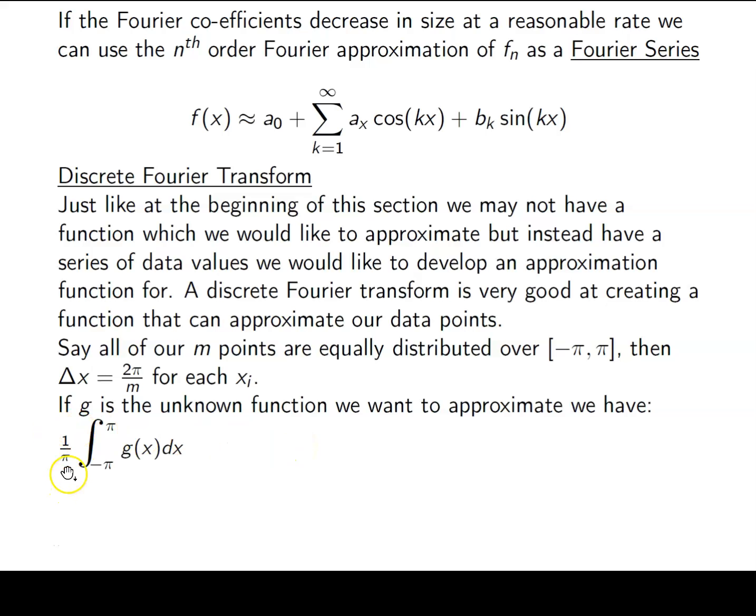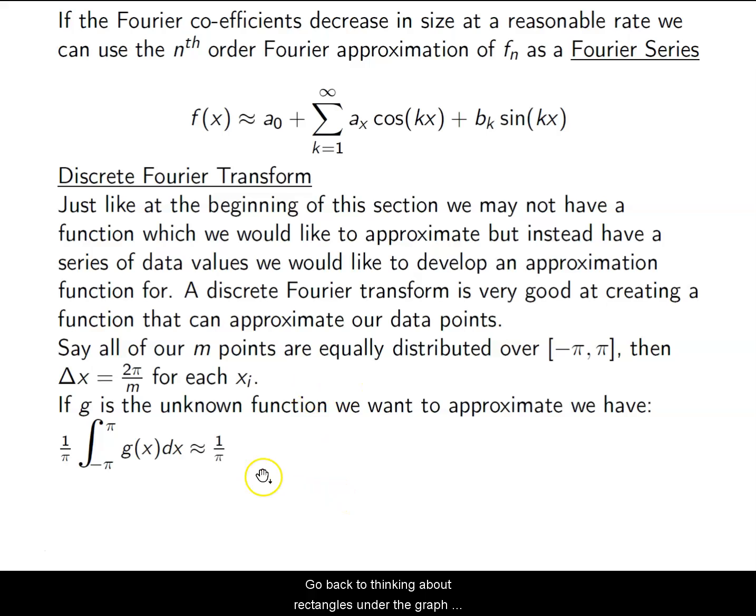Okay, then 1 over pi integrated from negative pi to pi of g of x dx is going to be approximately equal to this Riemann sum that we're going to find that we extend from negative pi to pi, right? So we're going to have the 1 over pi constant that's still there. We multiply always, so just go back to thinking about rectangles under the graph, right?